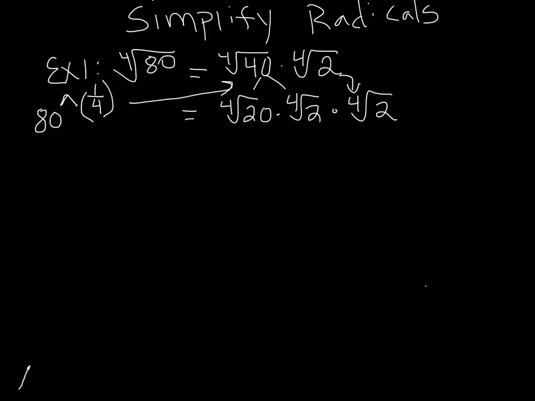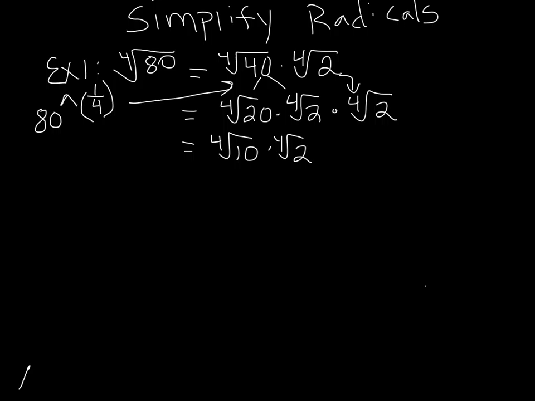Again, you can check your numbers as you go. Is there a fourth root of something? If you took the fourth root of 20 in your calculator, do you get an integer out? Okay, so you can check that, but we'll keep breaking it down here. So now I do the fourth root of 10 times the fourth root of 2, because that equals the fourth root of 20.